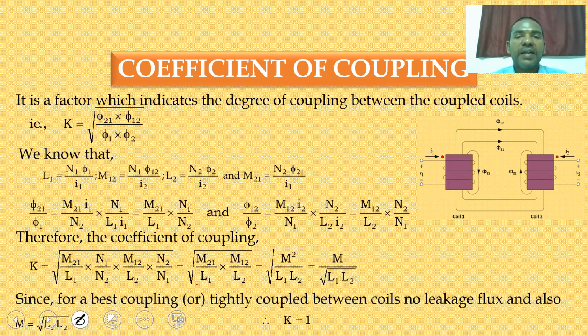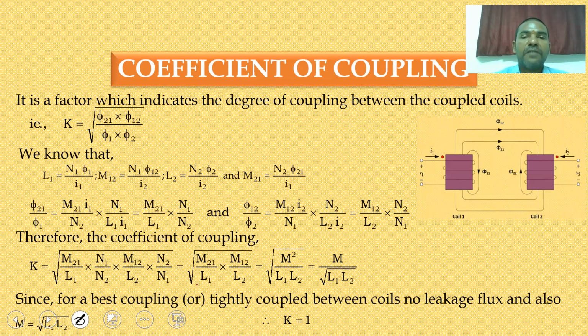Generally the K value is represented as the root of phi21 into phi12 divided by phi1 into phi2. The phi21 and phi12 are the fluxes produced from secondary to primary or primary to secondary.